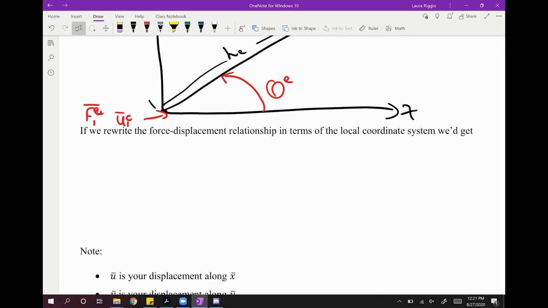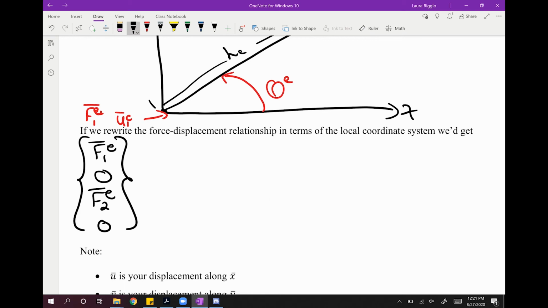So I can rewrite my force displacement relationship as F bar 1, 0, F bar 2, 0, where what I'm doing is I'm forcing the forces that are perpendicular to my member to 0, because a truss can only have axial forces.